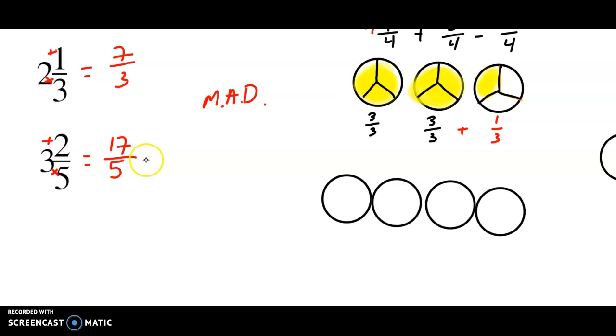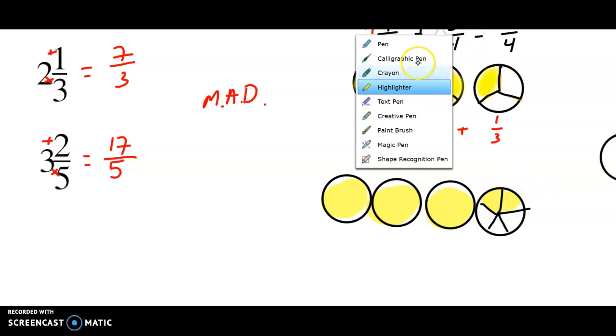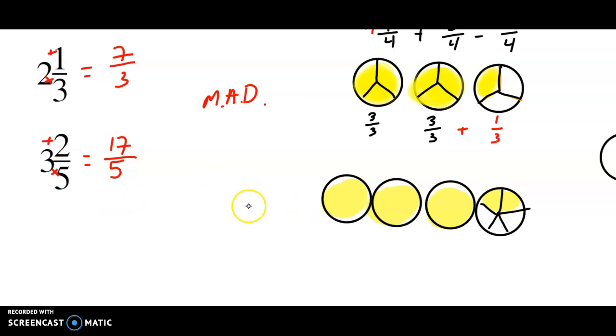And if I wanted to check it, 3 and 2/5, 1, 2, 3, and 2/5. Ooh, that's going to be a pain. There's my fifths. All right, and I can shade all of these in. 1, 2, 3, and 2/5. There we go. What am I going to cut these wholes into? Fifths.